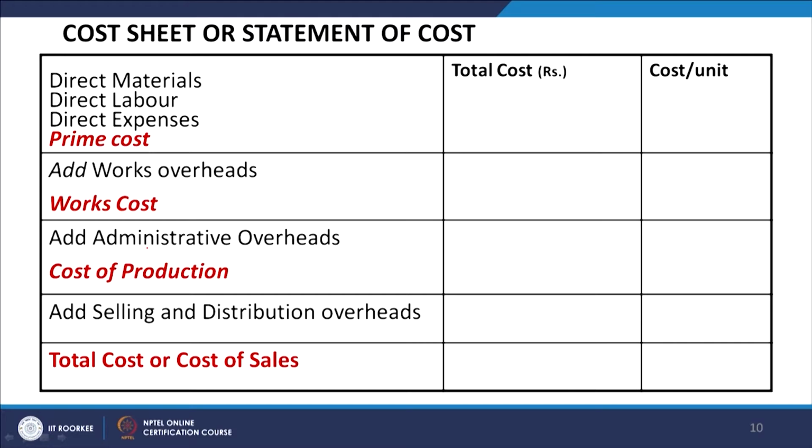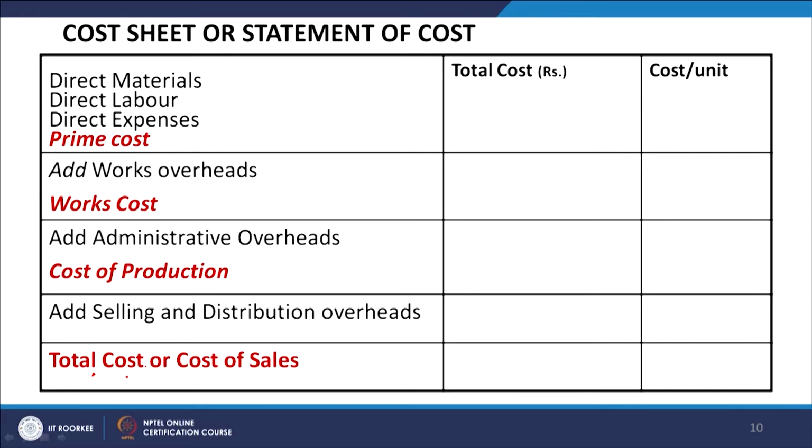If you see the cost sheet here, just a glimpse, we have to calculate the total cost of the product, that is the total cost or the cost of sales. It means when you manufacture a product, to arrive at this total cost or cost of sales, coming from the top to bottom, up to this point, this is our total cost.